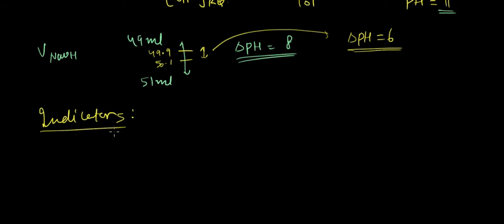So when we use methyl orange, it would indicate that when the pH is between 3.1 to 4.4, it would change its color. Similarly, other indicators like phenolphthalein, methyl red, and the others would indicate what the current pH range is at a certain point of time.